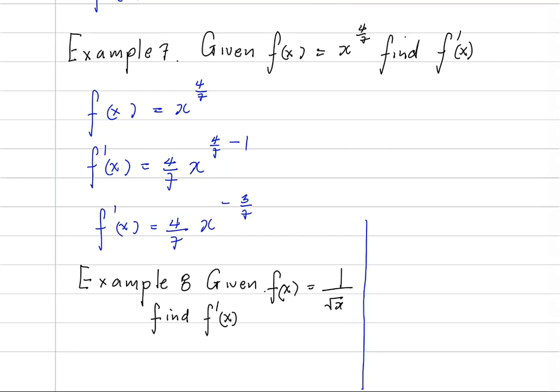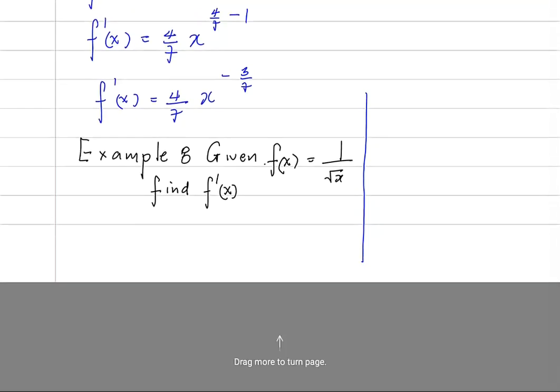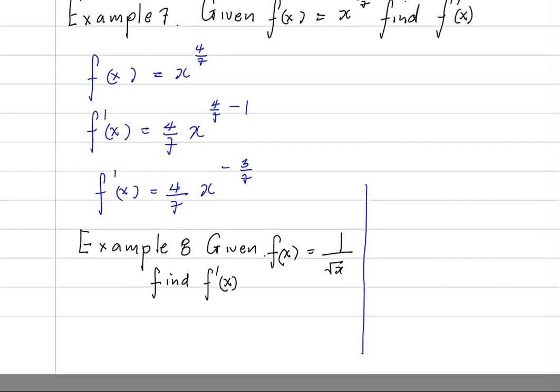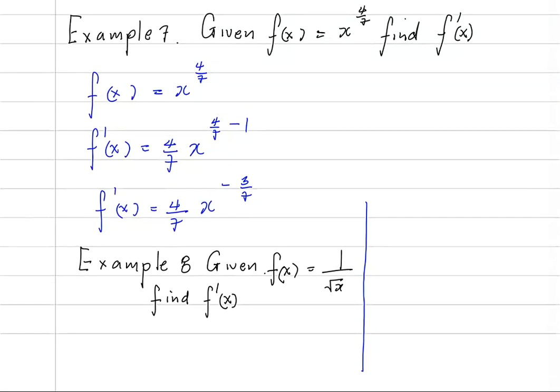All right, example 8. In example 8, f of x is equal to 1 over the root of x. The root of x is the same as saying x to the half power. So this is the same as saying x to the minus a half power. All right, and that is using our laws of indices.